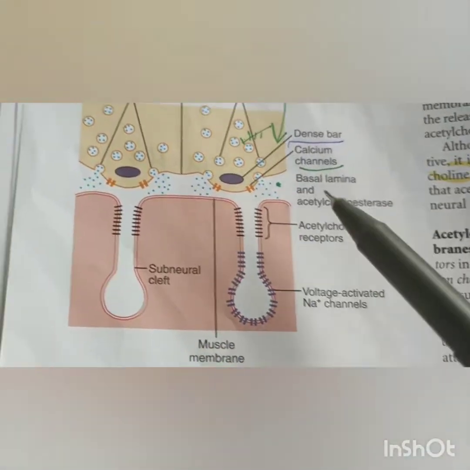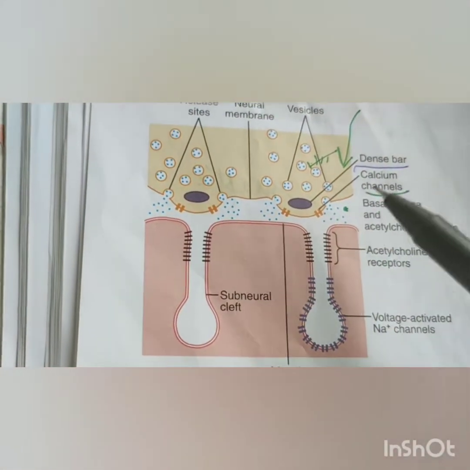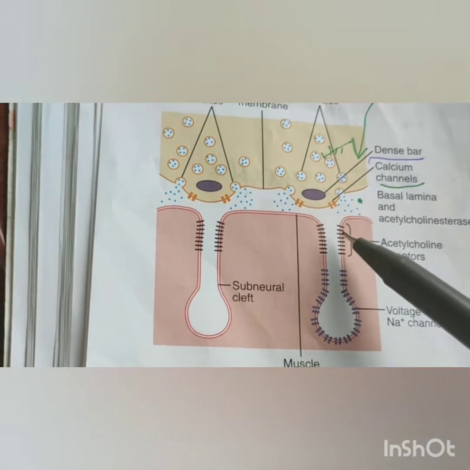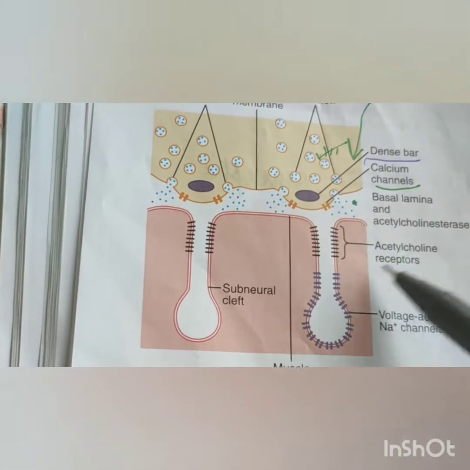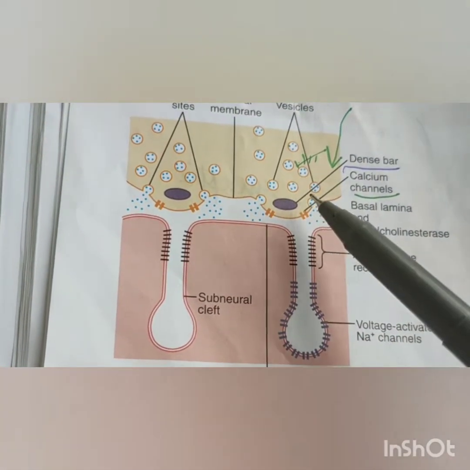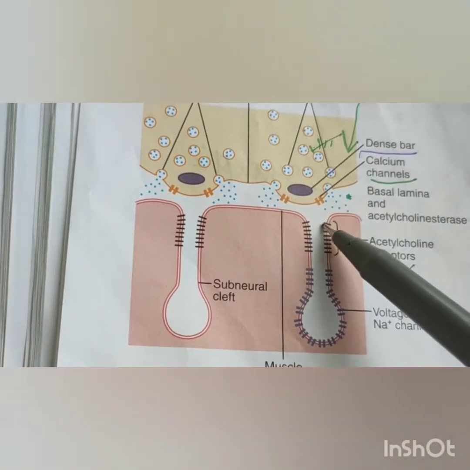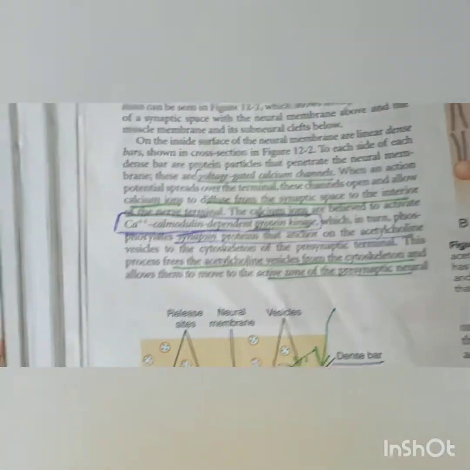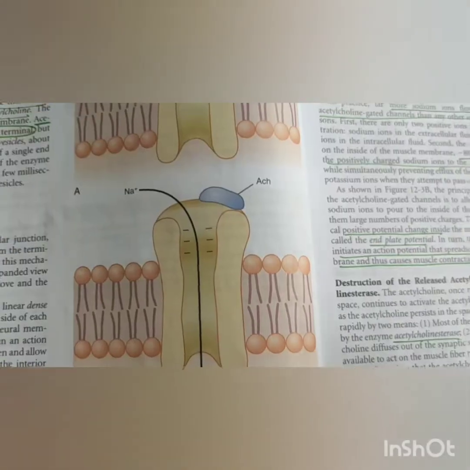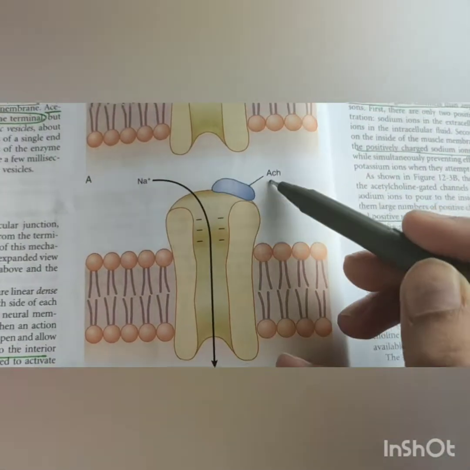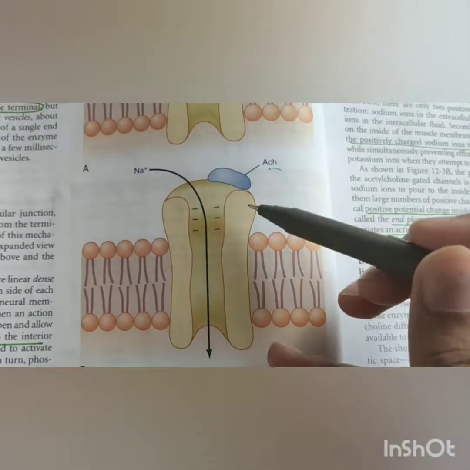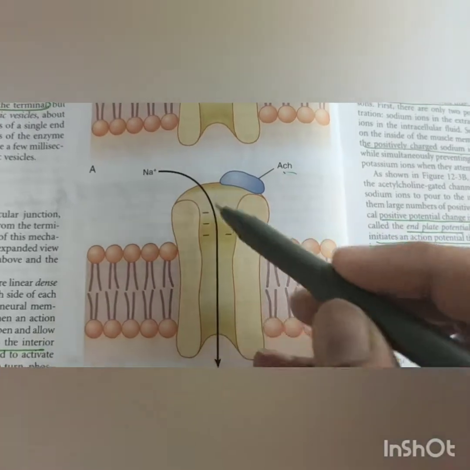This is a subneural cleft. When the acetylcholine comes here, there are acetylcholine receptors over here. When acetylcholine reaches and joins the acetylcholine receptors, these receptors get opened. This channel is not specific to sodium ions only.